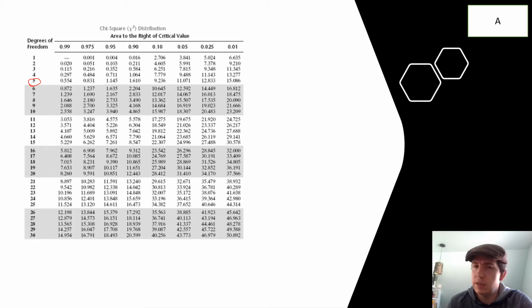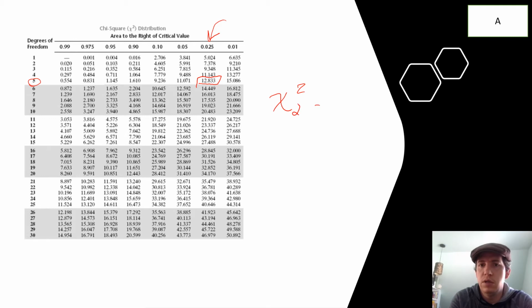And what I would like to do is test whether or not this die is a fair die using a level of significance, let's say 0.025. So this level of significance is on the top at 0.025, so that's the one we're going to do, would be right there.